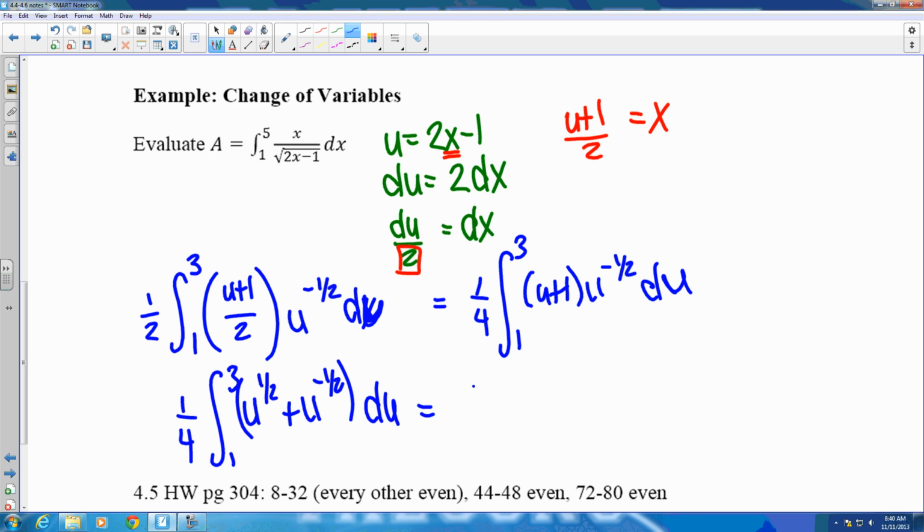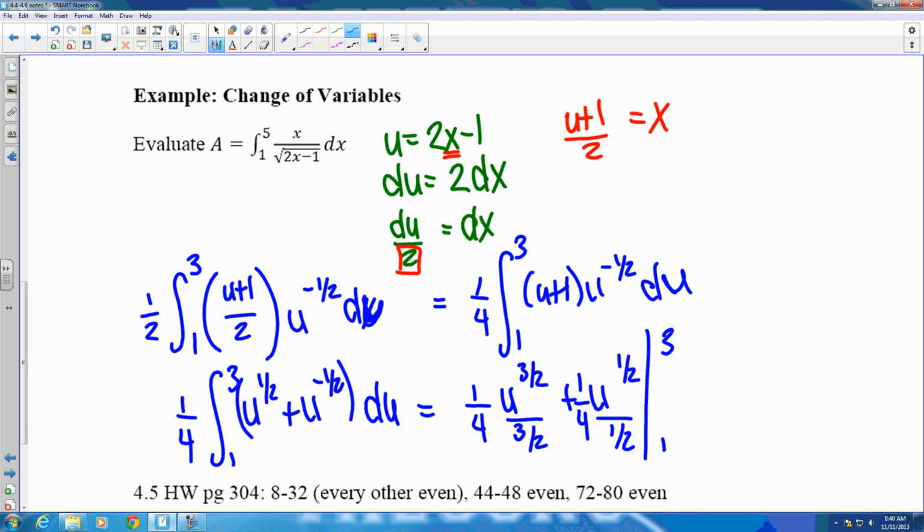Take the integral of each term, evaluating the whole thing from 1 to 3. When we do that, to save a little time, that's 16/3, or 5 1/3. Okay, that was changing variables, section 4.5.